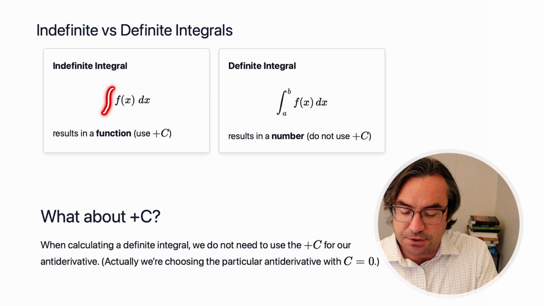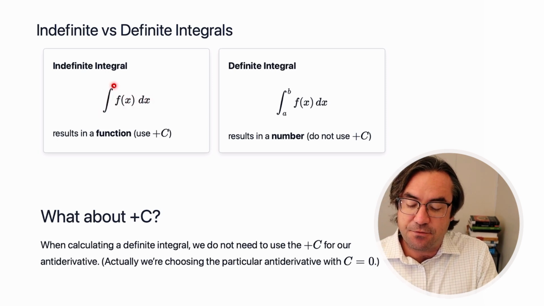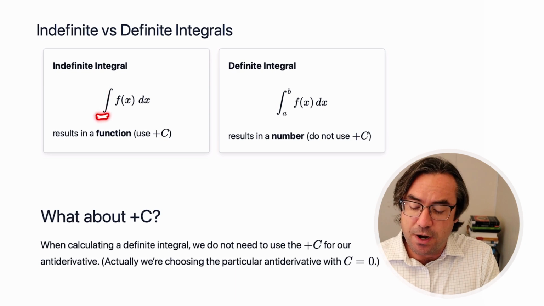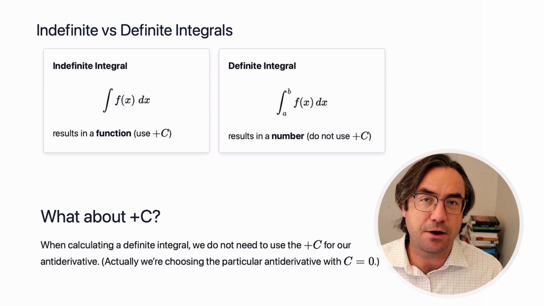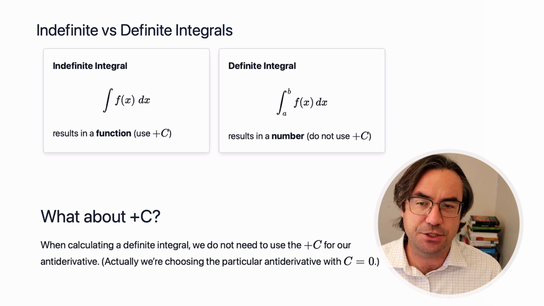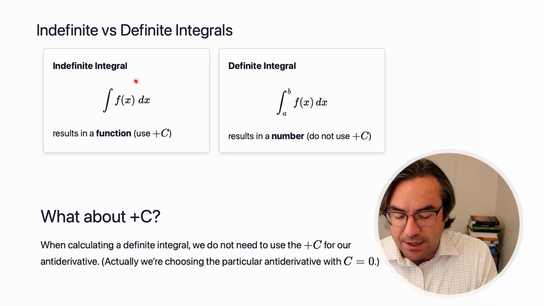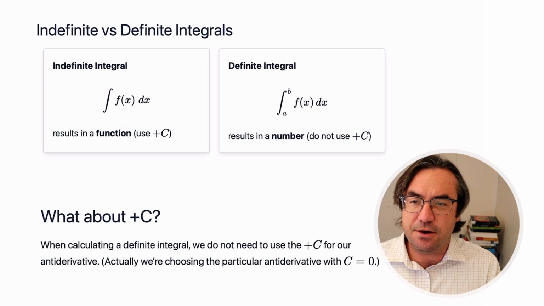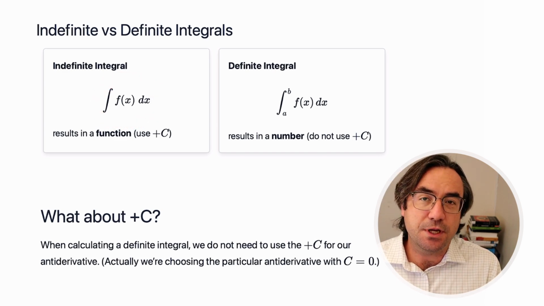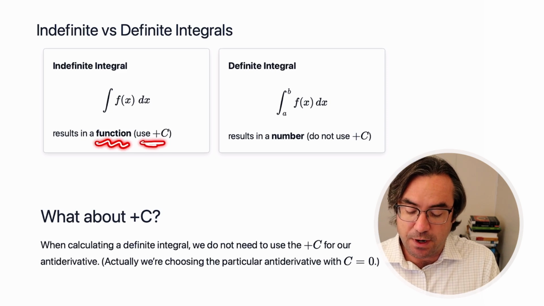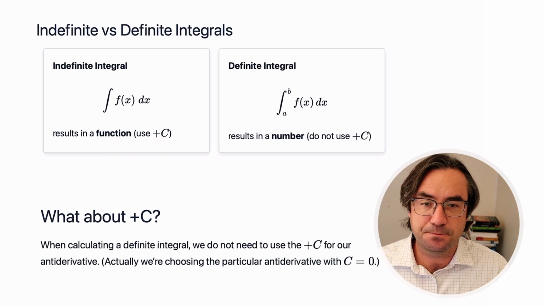We have the integral sign, the function we're integrating, and then dx. For an indefinite integral, there are no numbers on our integral sign, no limits of integration. So when we calculate an indefinite integral, the result should be a function, and we want to make sure we use plus c here.